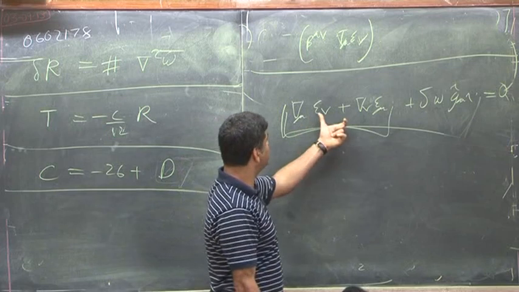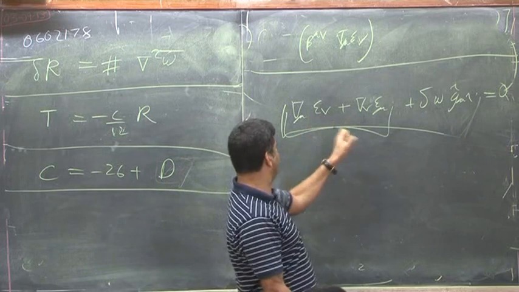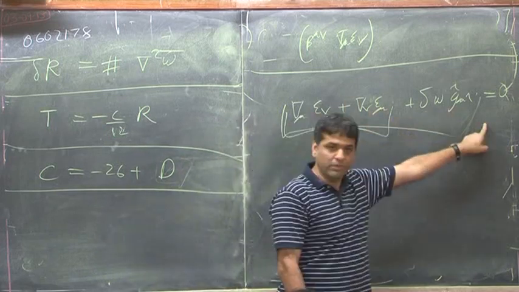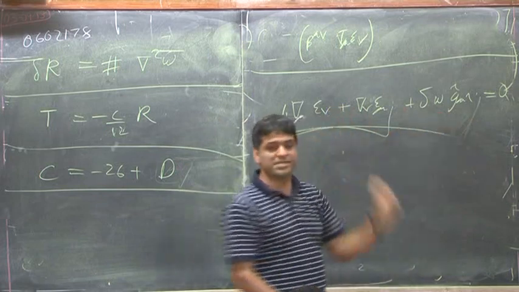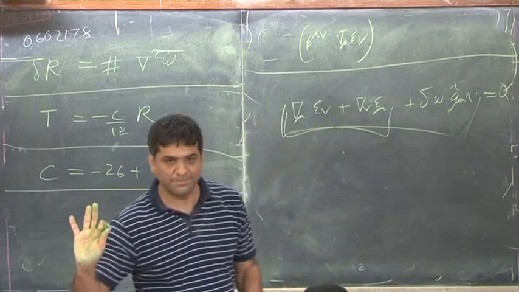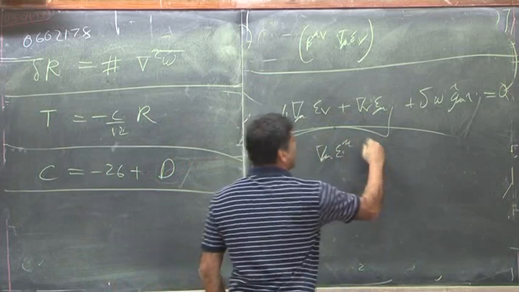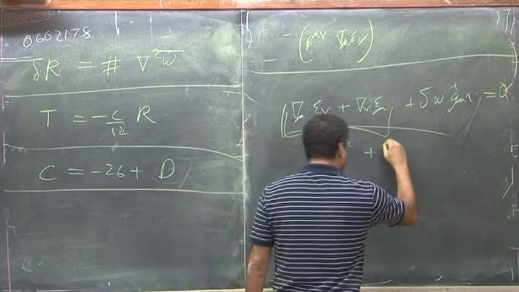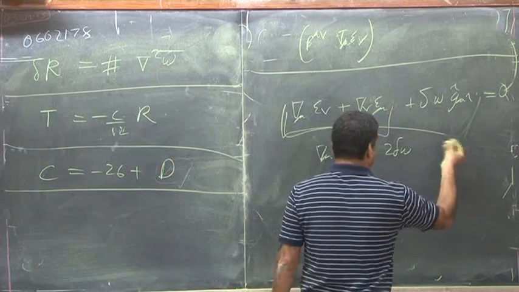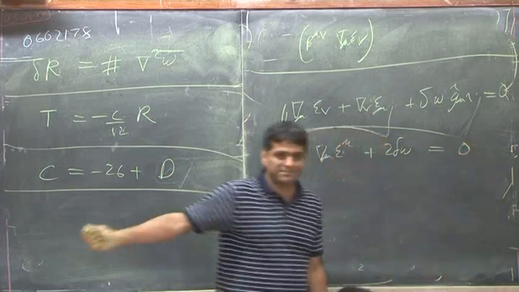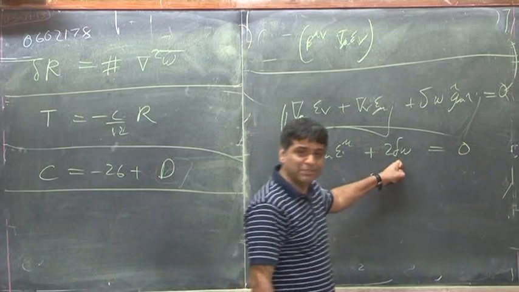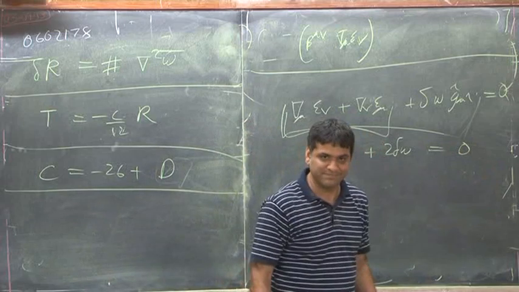No, whether it's traceless or not. If this is equal to 0, then I can relate delta W to this, just by taking the trace of this equation. So d mu zeta mu plus 2 delta W is equal to 0. So delta W is fixed in terms of this also.